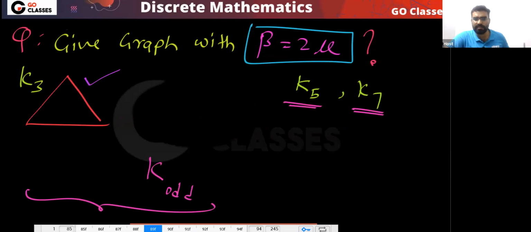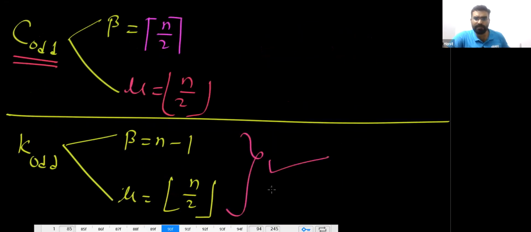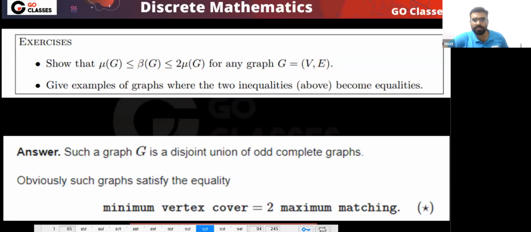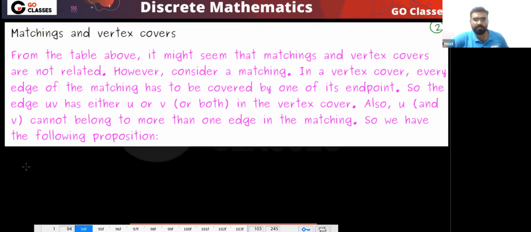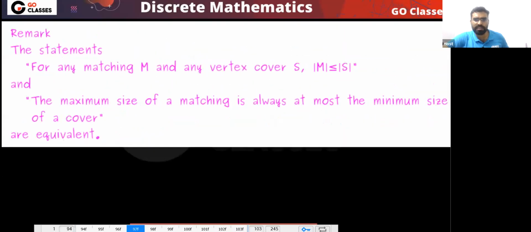This is what I am asking. So they will be equal when you have k equal to odd. For k equal to odd, this will happen. So very simple.